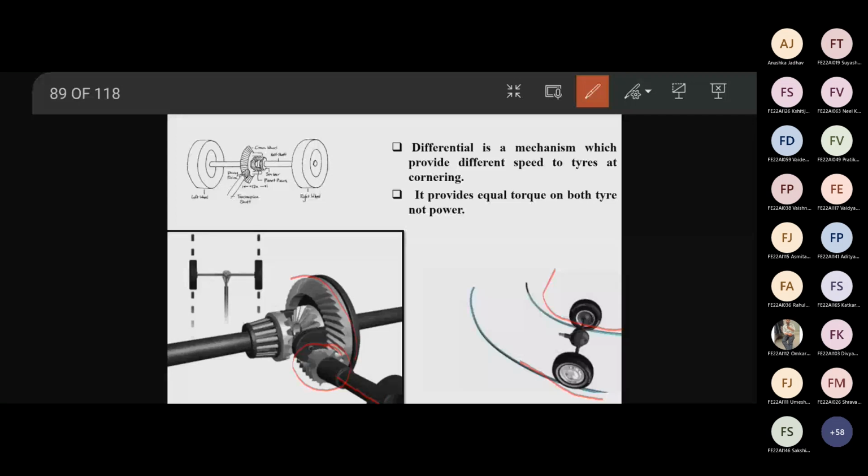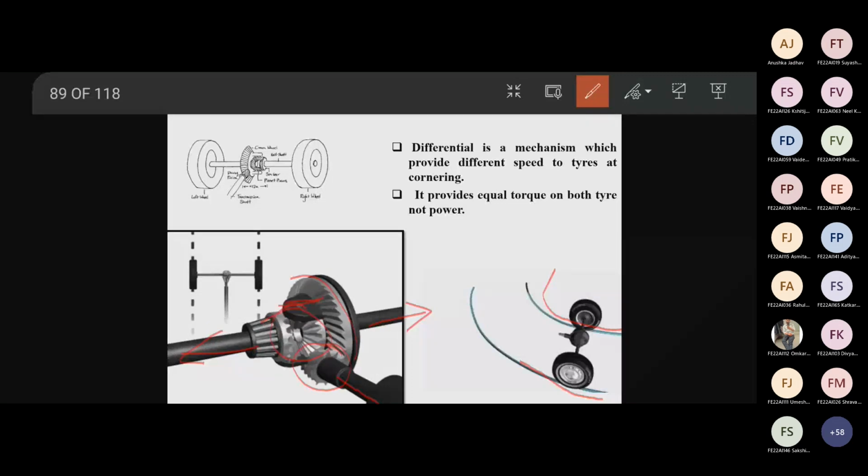As this ring gear rotates, this shaft will rotate automatically. On this ring gear you can see these black things, right? This internal gearbox is called the sun and planet gearbox.